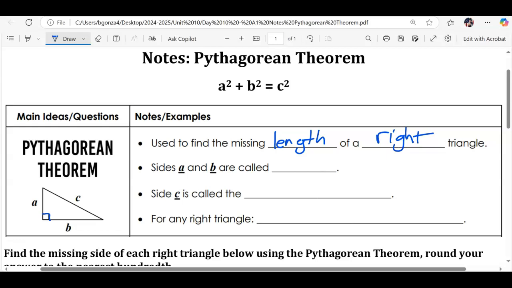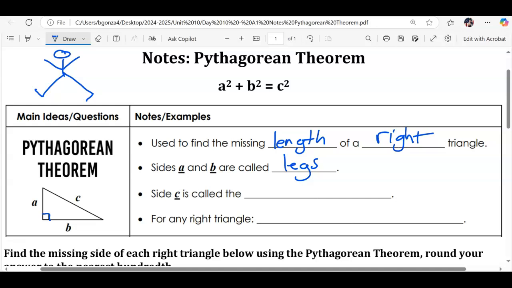So A and B. Notice A and B are next to the 90-degree angle. Like imagine a stick figure with a 90-degree angle when he's walking. Anyways, but the legs make 90 degrees. Okay, that's the visual you need. So A and B are called legs.